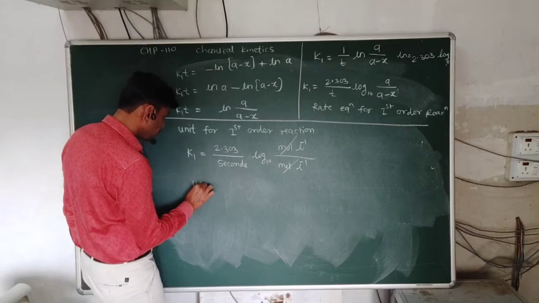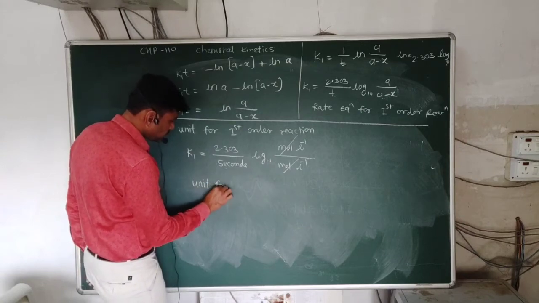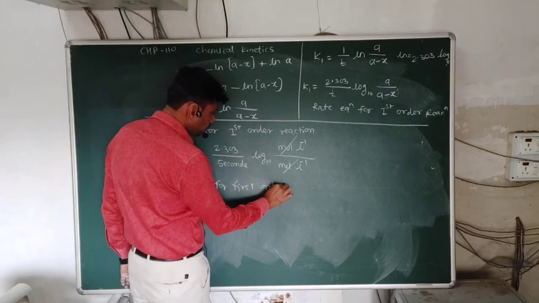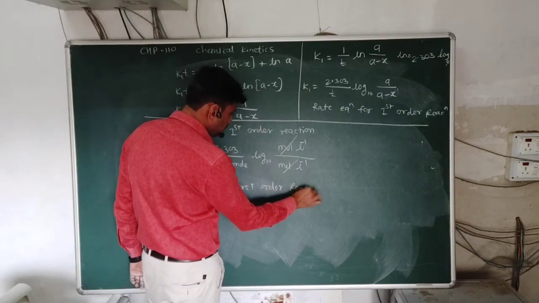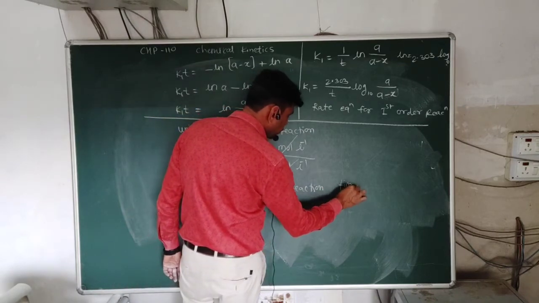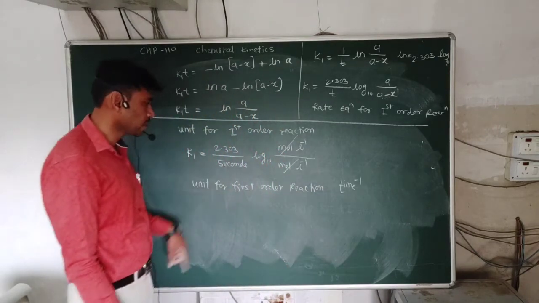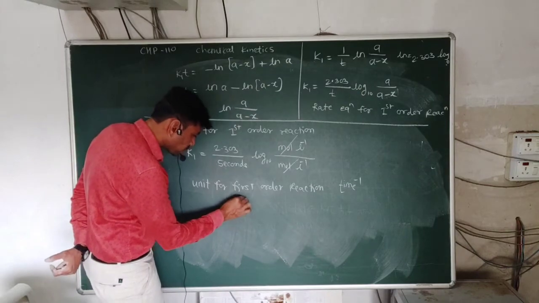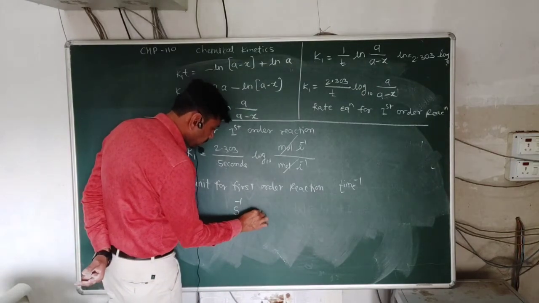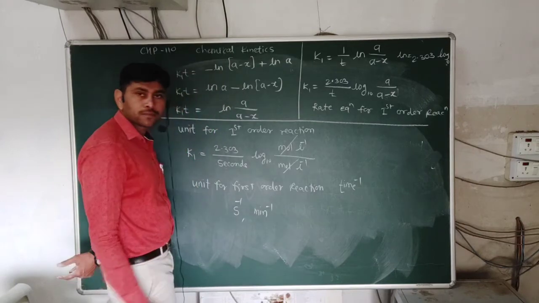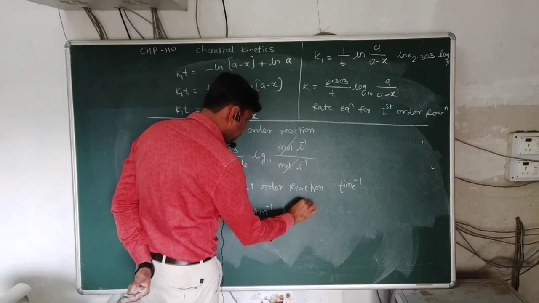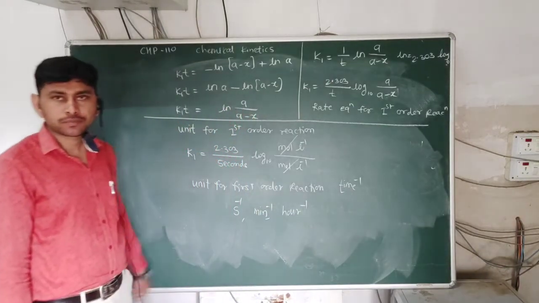The unit for a first order reaction is actually time inverse, because it may be expressed as second inverse. If we take time in minutes, then it is minute inverse. If time is taken in hours, then hour inverse.